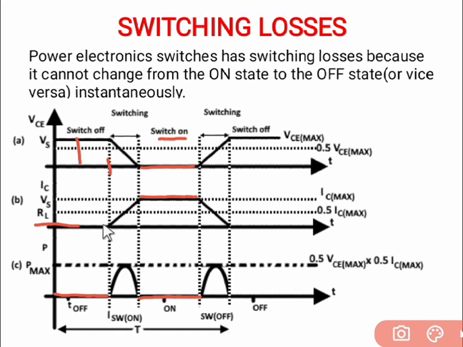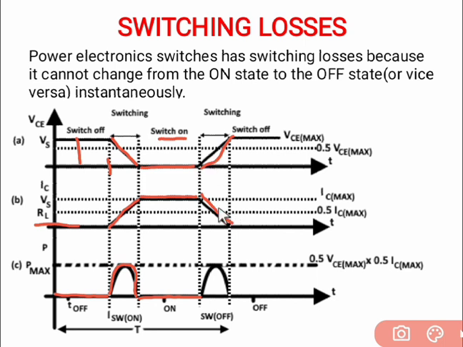Now at this point, the current starts increasing and the voltage starts decreasing. If we multiply these two signals, we get this kind of signal. This time is known as the turn on delay time. So in this region, the switching loss will occur. If we remove the gate signal to turn the device off, the current reduces from its maximum value to 0 and the voltage increases from 0 to its maximum value.